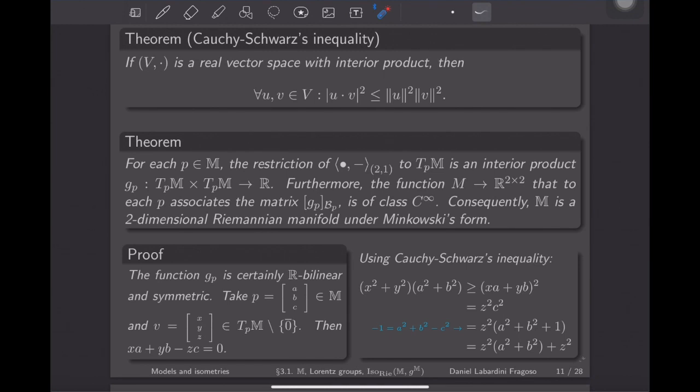And then using this equality, this square is equal to z c squared. So here I'm already using Minkowski orthogonality.